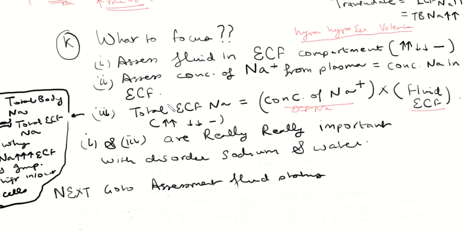Now, this is the part that's really interesting. This extracellular space sodium gives us a good idea of what total body sodium is. Total body sodium is approximately equal to extracellular sodium.